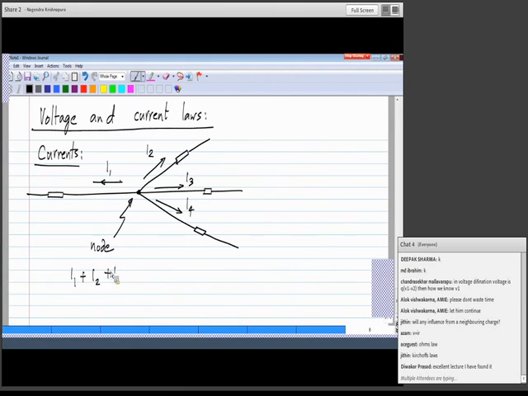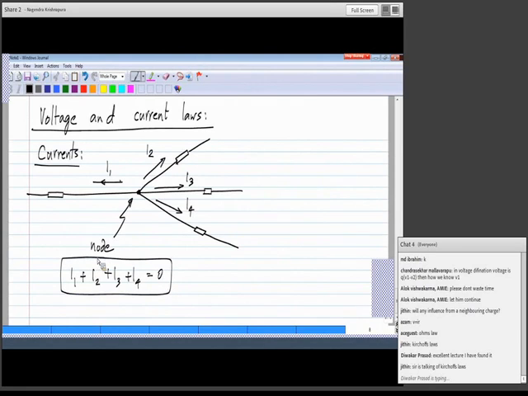And this, I think many of you already would know, is known as Kirchhoff's current law.